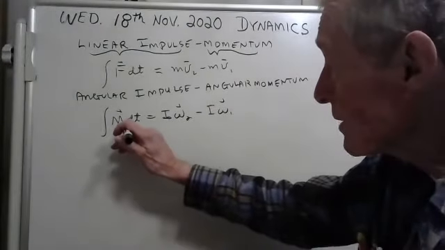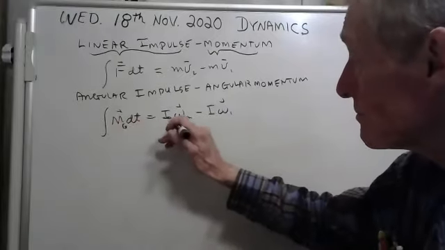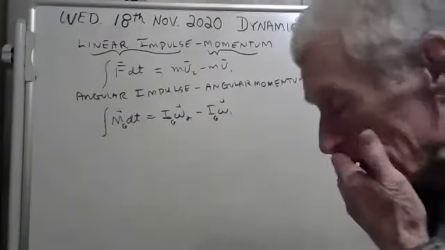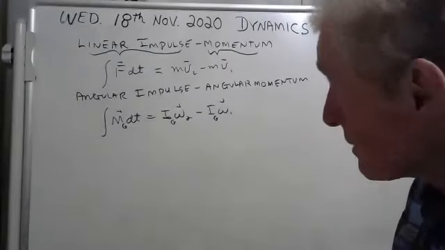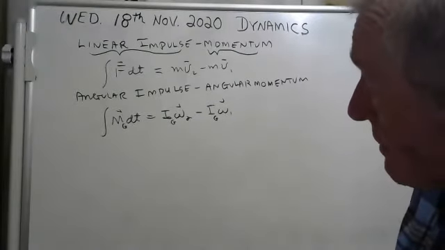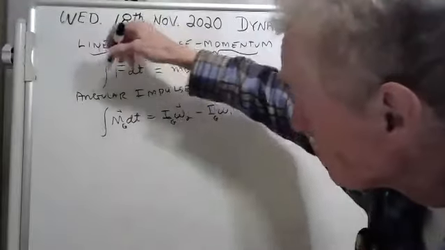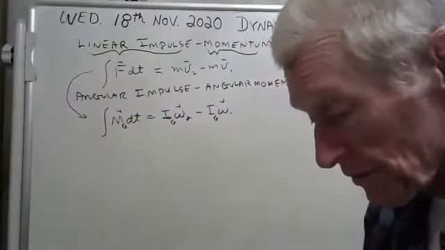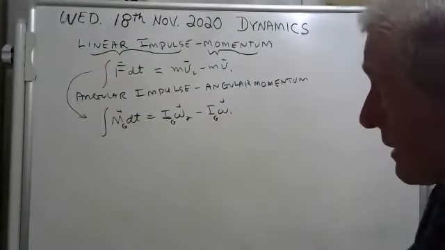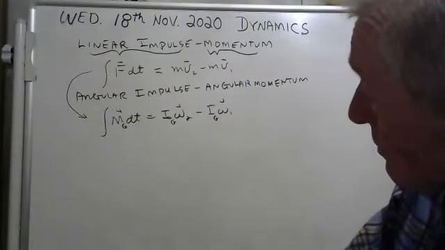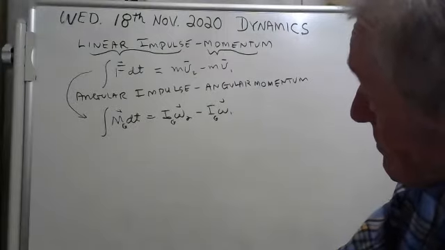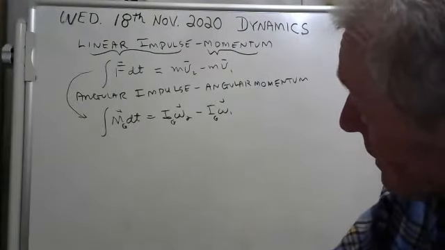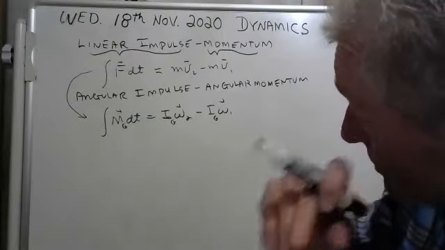Now we need to put a little G right here. Tell you what, let's work some problems, and then if I can remember how to derive that, it's derived from this. You take this equation here and you do some calculus and some algebra and you come up with that equation there. I think what you do is you take the cross product.